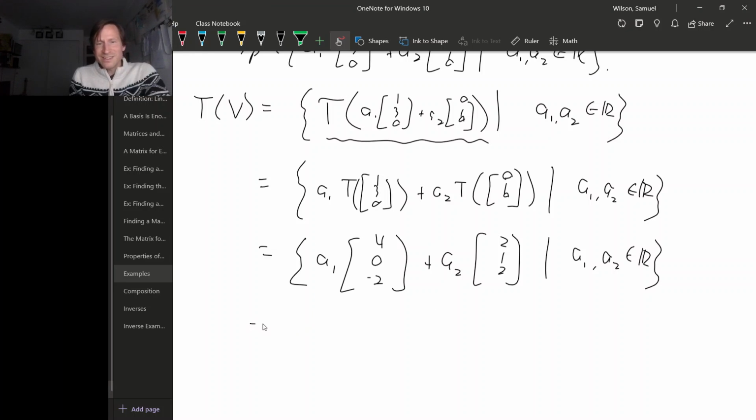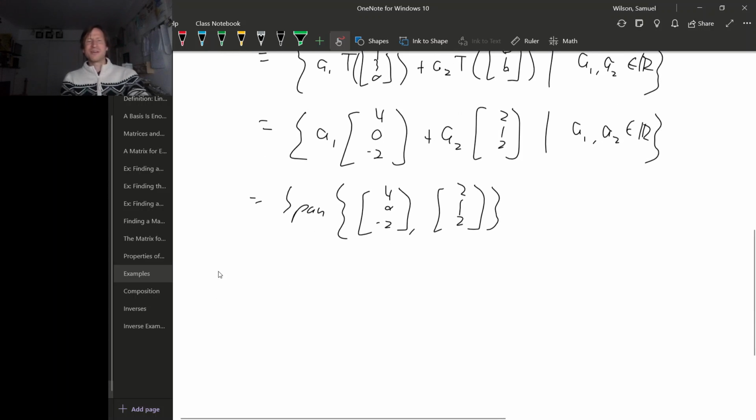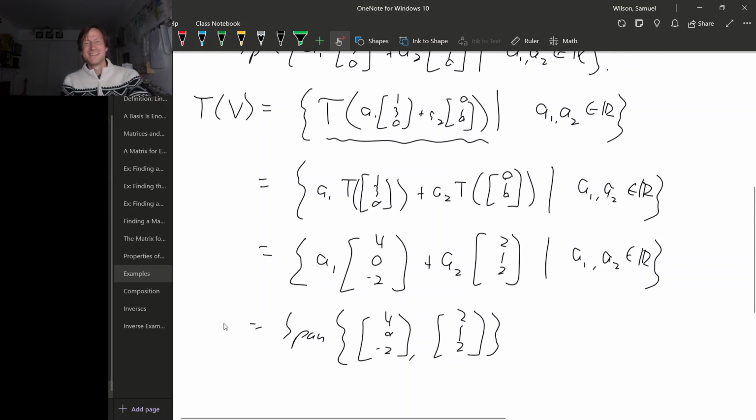And if you look at this, this is just the span of 4, 0, minus 2 and 2, 1, 2. This kind of makes sense, right? Because, one thing we should note is these are linearly independent, so there's no point in trying to reduce this spanning set. It's as small as it can be.